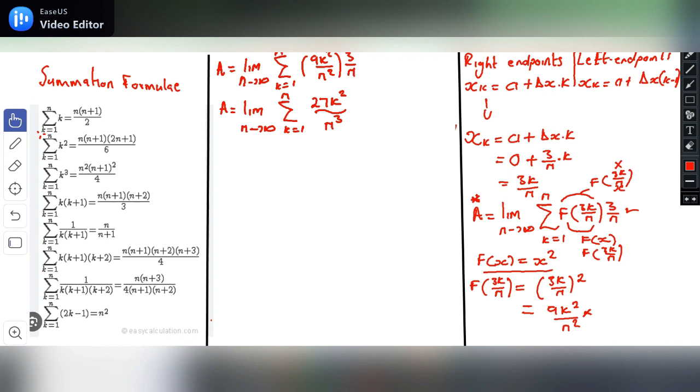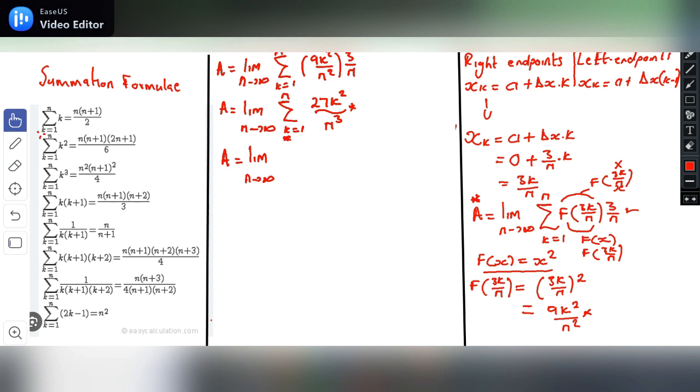We can take out n cubed, or everything which doesn't have k. How? I will show you. I'm going to write down the limit. Always we write down that limit. Then check guys, this sigma has k equals 1, right? So the values which have to be inside must contain k. If they don't contain k, we can take them out, right?